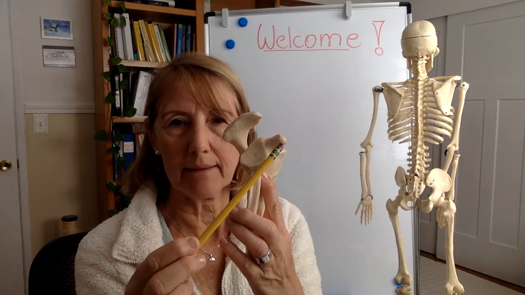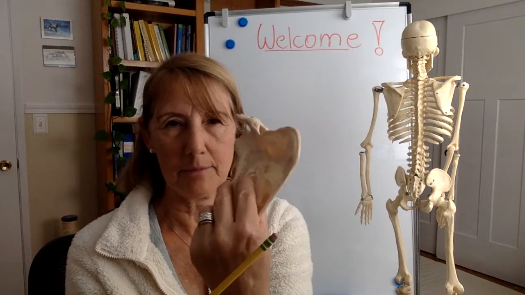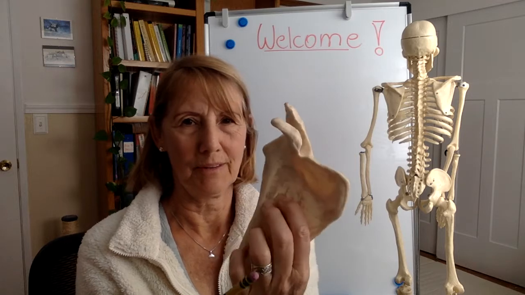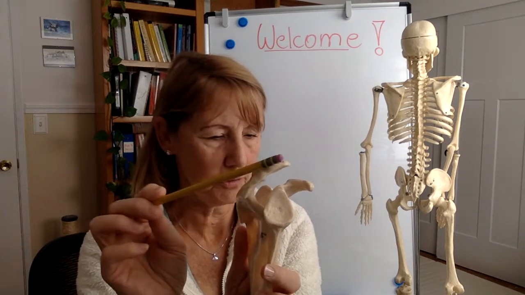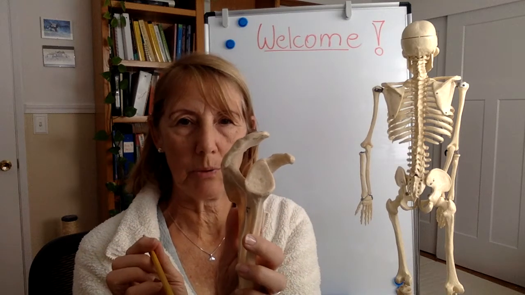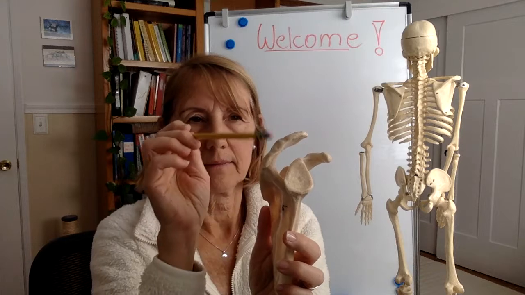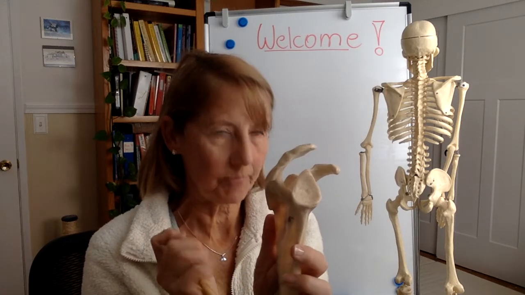Coracoid, crow-like, because it looks like the beak of a crow. In that position, it looks like the beak of a crow. Sort of weird to do on the camera. And then this other larger protrusion here is called the acromion process. So, coracoid process, acromion process, okay, of the scapula.